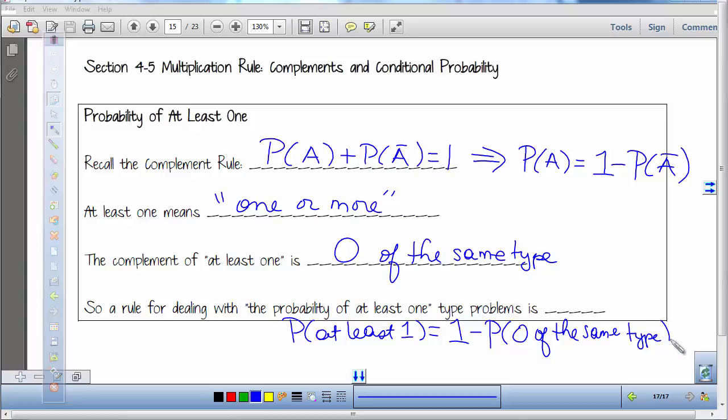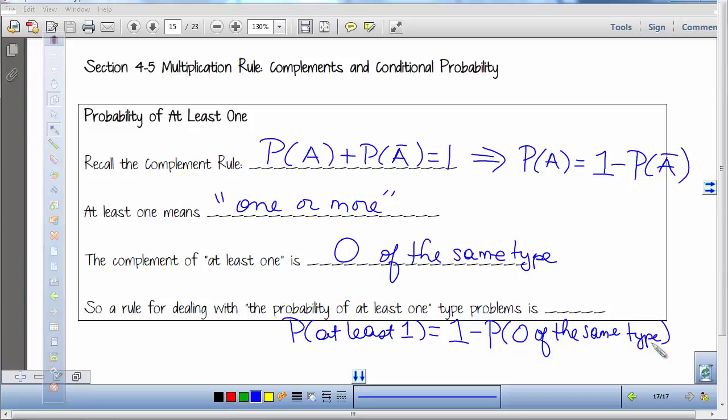Okay, why do it this way? Well, considering again the example with the number of girls born in the family of 5 children, it might be easy to calculate the probability of 5 girls. That would be pretty easy. But to calculate the probability of exactly 1, and then the probability of exactly 2, and the probability of exactly 3 and 4, and then additionally the 5, that'd be a lot of work.